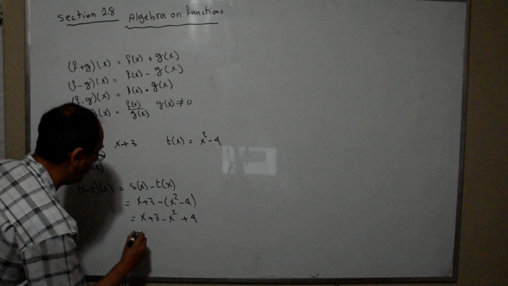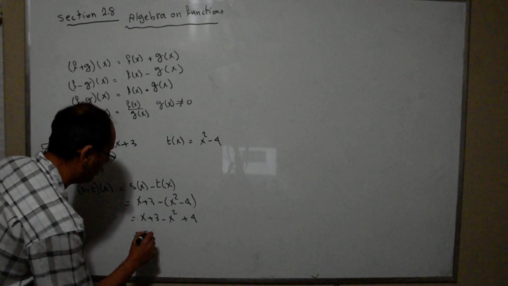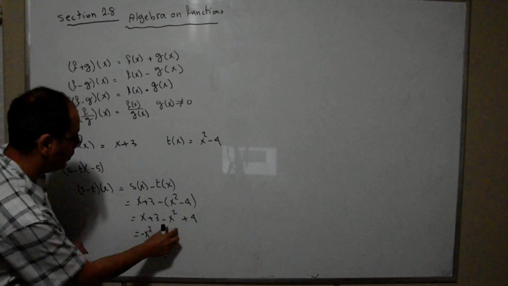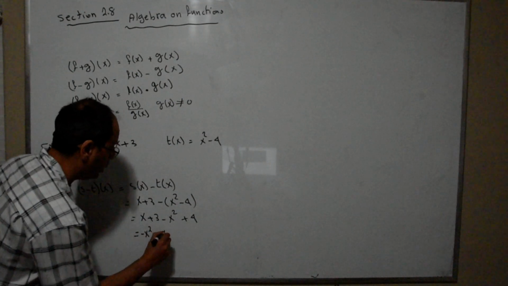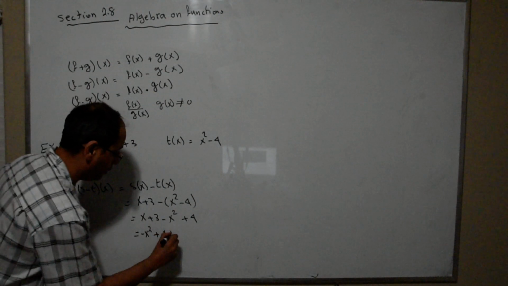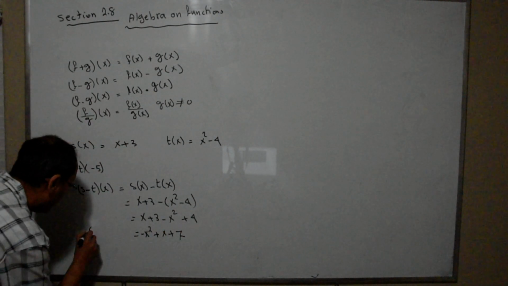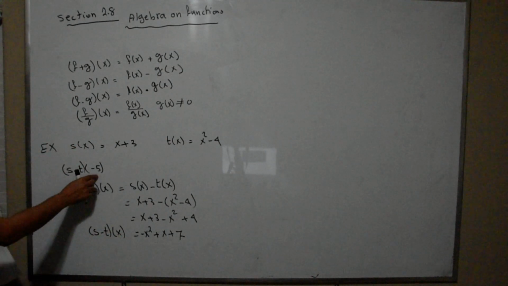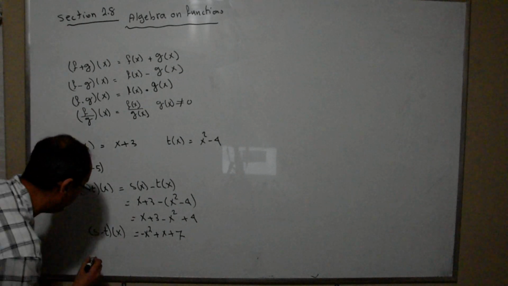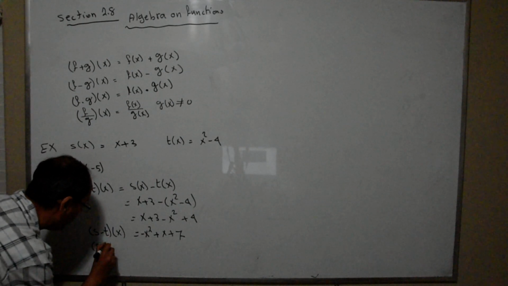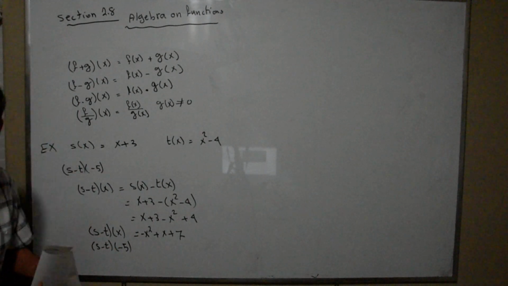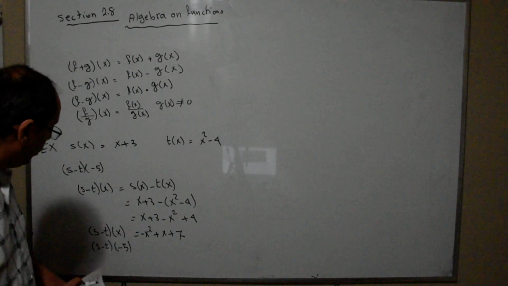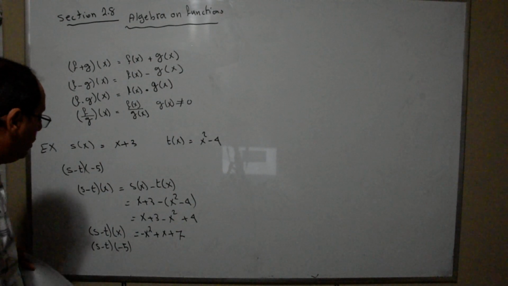So let's simplify that. So that would be negative x squared, and then plus x, and 3 plus 4 is 7. So this is s minus t of x, but I want s minus t of negative 5. So what's going on is, as I did before, I'm going to plug negative 5 here instead of x and solve for s minus t of negative 5.